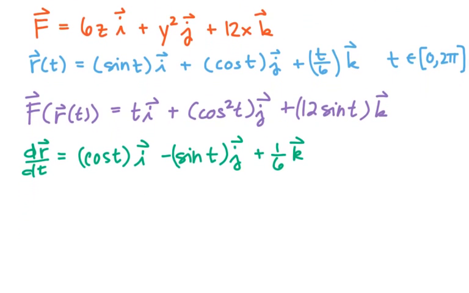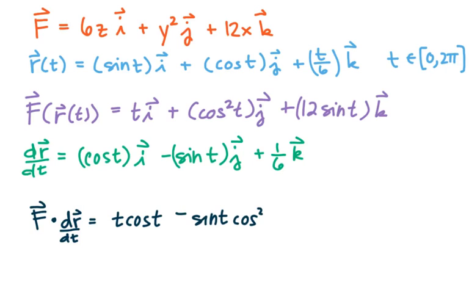Once I have all of these pieces, I need to find the force field dotted with dr/dt, which is going to give me t cosine t minus sine t cosine squared t plus 2 sine t. That was just the dot product of each of these x, y, and z components.